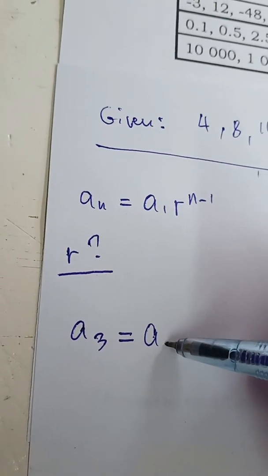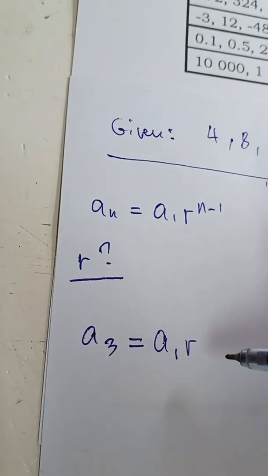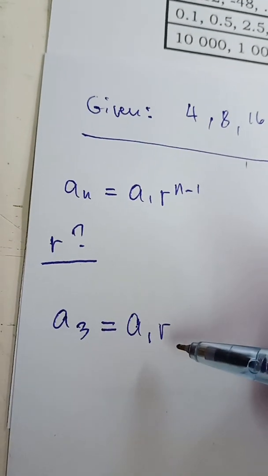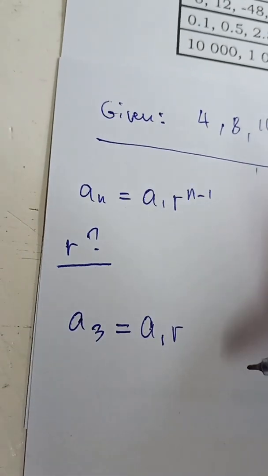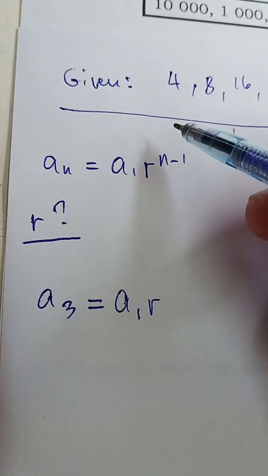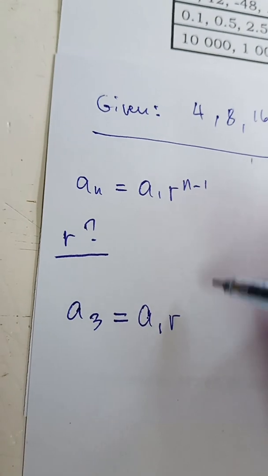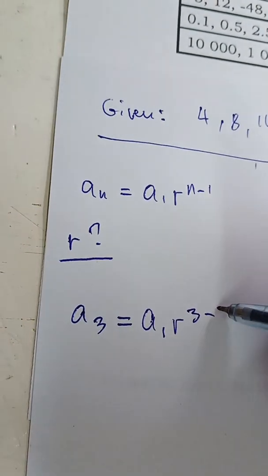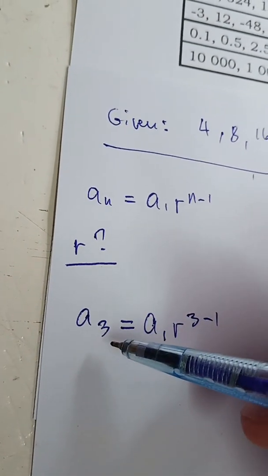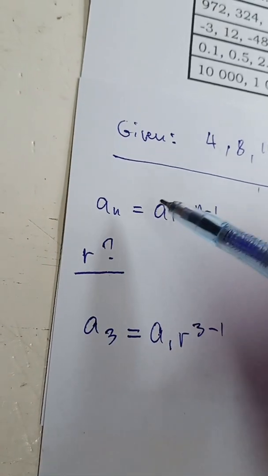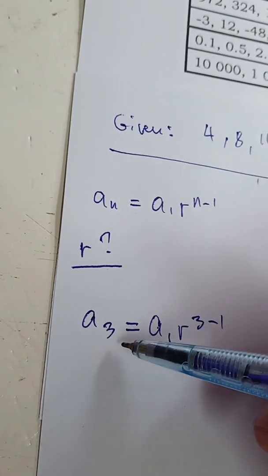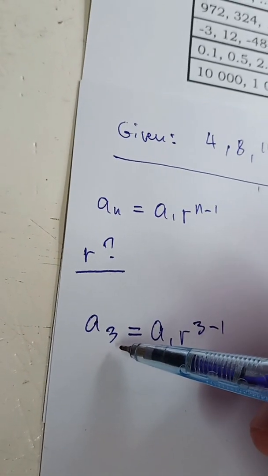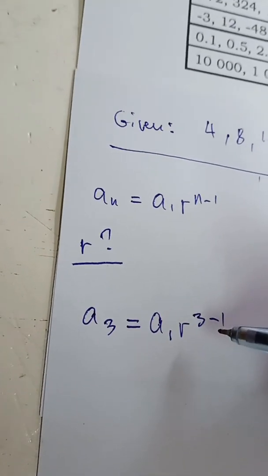Then we write also a sub 1, we write r. Okay, na-retain yung r kasi yun yung hahanapan natin ng value. And for n na naka-raise dito sa r, that's 3 minus 1. Why 3? Because yung n, katulad din siya doon sa n na nasa a. Kung ano yung number dito sa may a, ganun din dito sa may r, di ba?